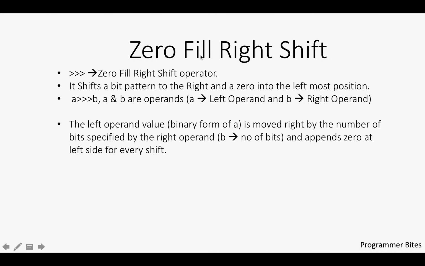Zero fill right shift operator. 3 consecutive greater than symbols represent the zero fill right shift operator. It shifts a bit pattern to the right and a 0 will be added to the leftmost position. Let's take this operation: A zero fill right shift B. Here A and B are operands.